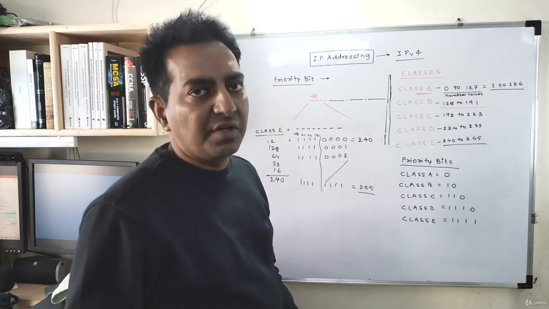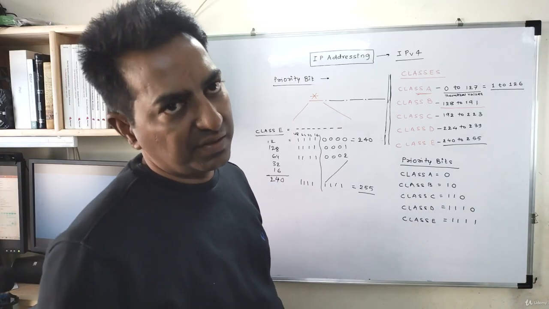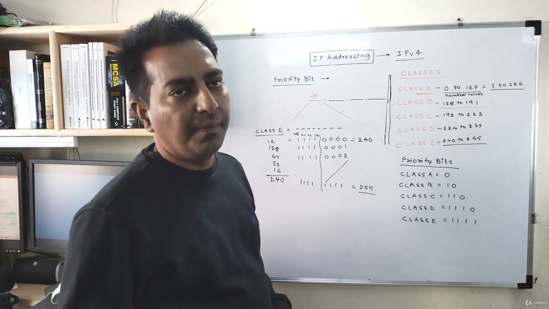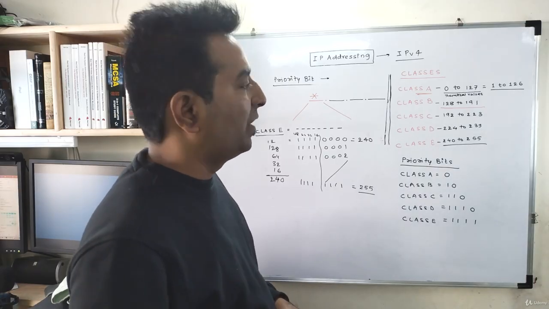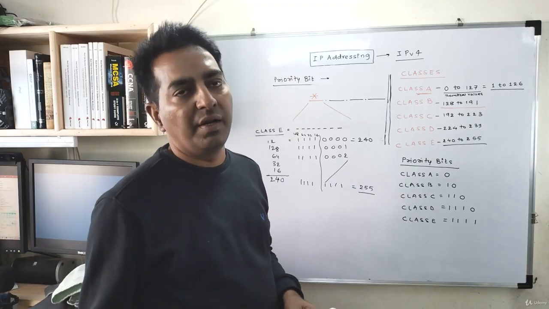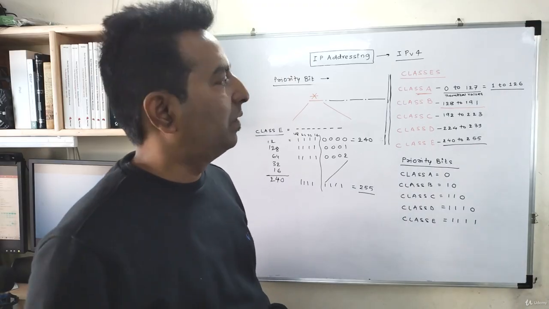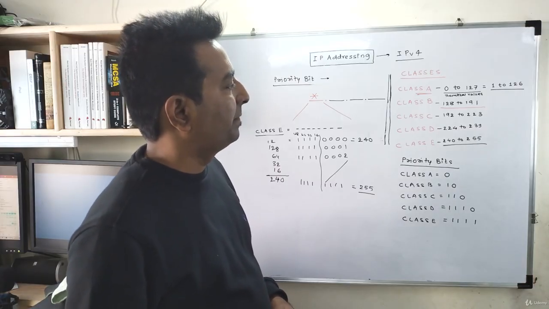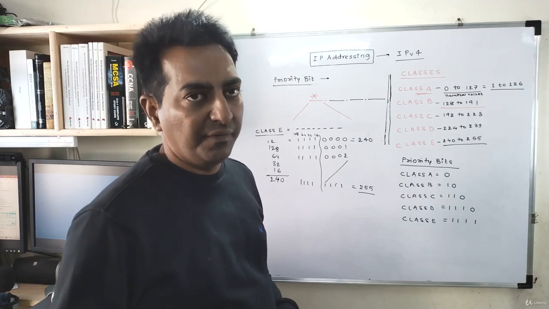So in the upcoming session, let us talk something more about the subnet mask. Okay, so I hope you have better clarity. If you have any questions, any doubts, you can write to me using the comment section. Okay, so I hope this helps you understand concepts in a better way.